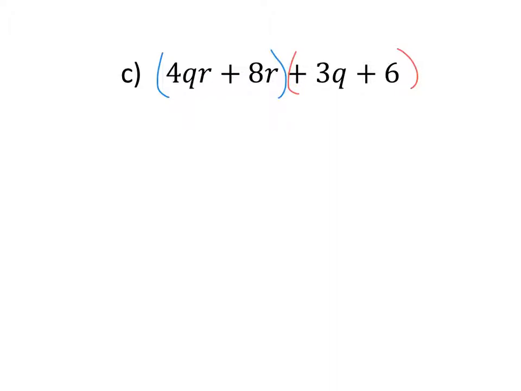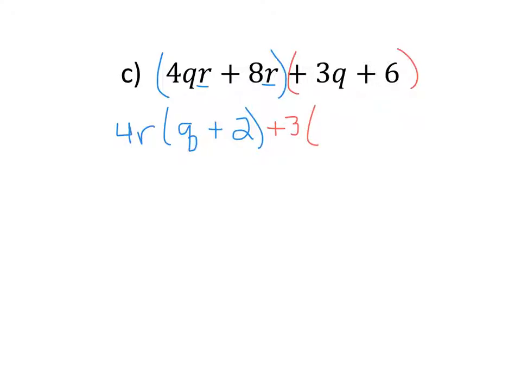All right. In the first grouping, I definitely have an R in common, and I can also pull out a 4. So the GCF to this blue group is 4R. When I pull out the 4R, I'm left with a Q here, and just 2 there. In the second grouping, the GCF is a positive 3, so plus 3.